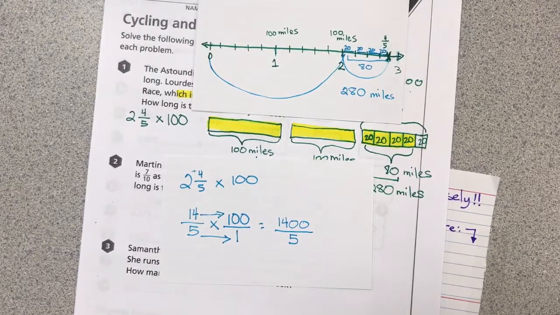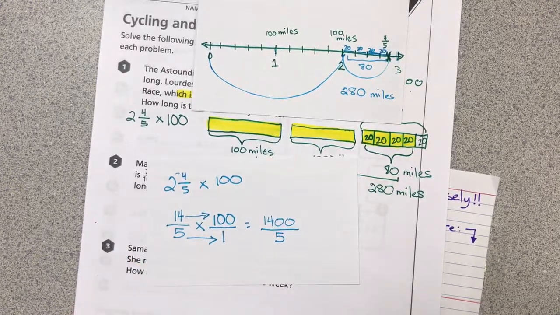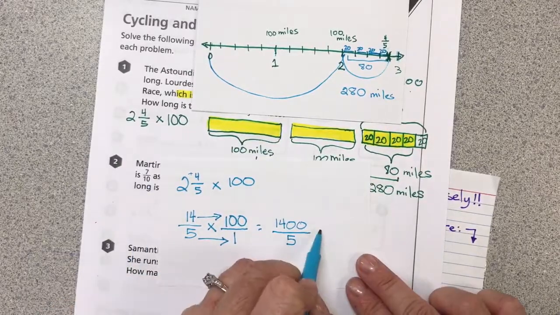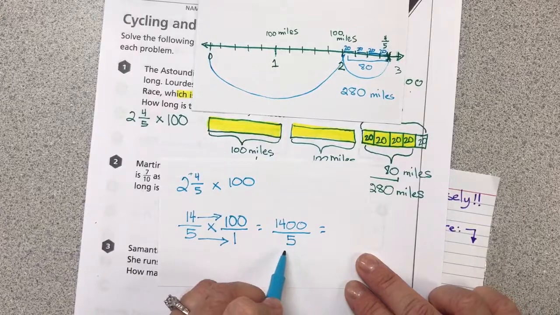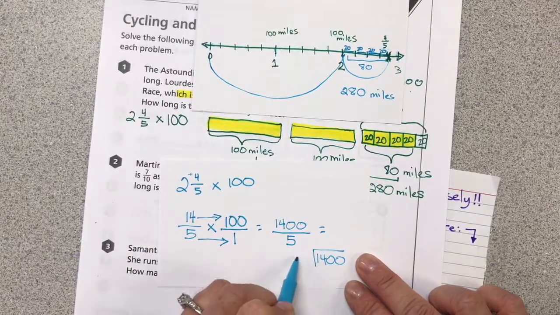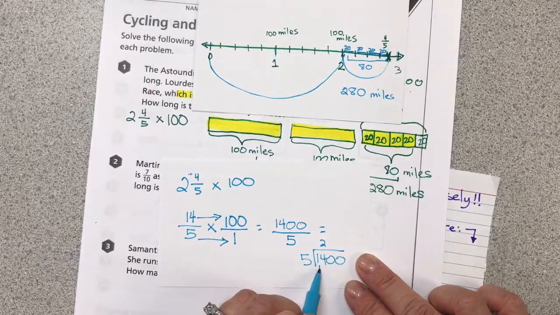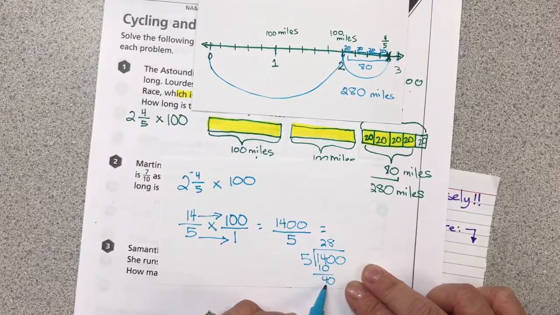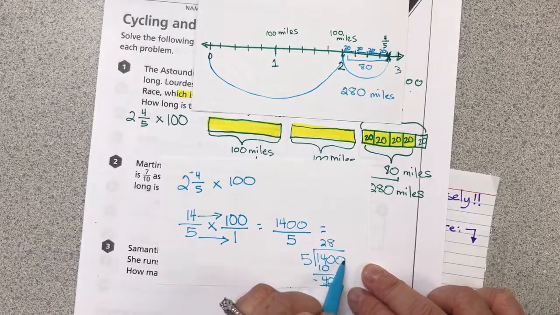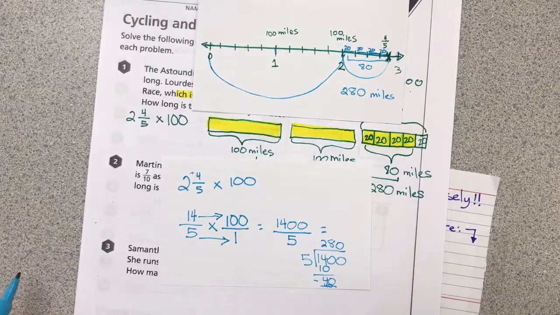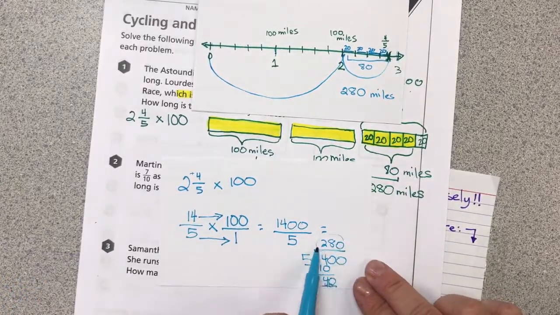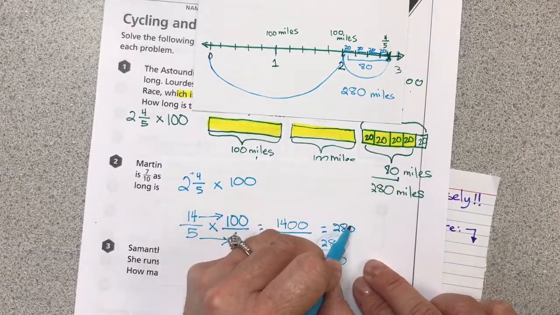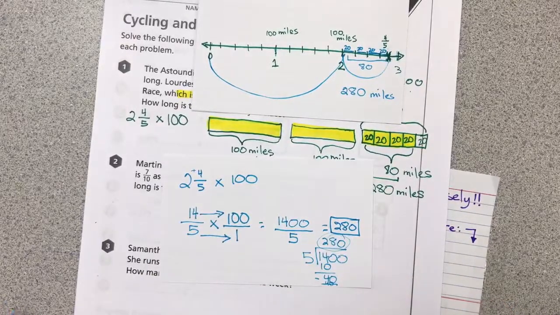It goes in 8 times, 8 times 5 is 40, and then the extra place value. So 280. Did I say 240? That was weird. So 280 is what 1400 over 5 is equivalent to. Sorry if I confused you with the 240. It is 280.